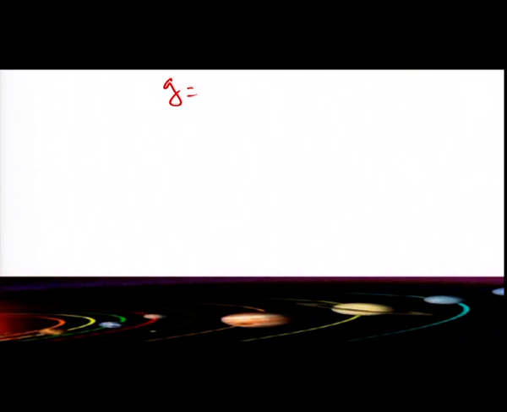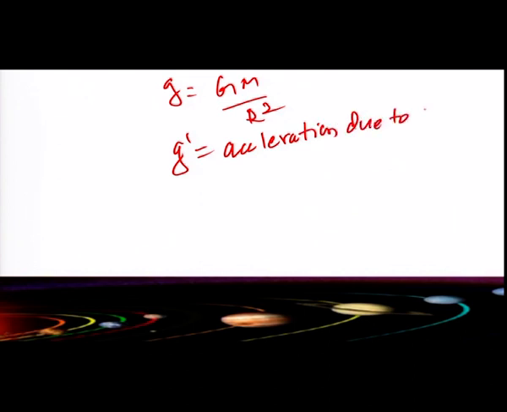We know that g is equal to GM by r squared, and let g dash be the acceleration due to gravity on the top of the hill.